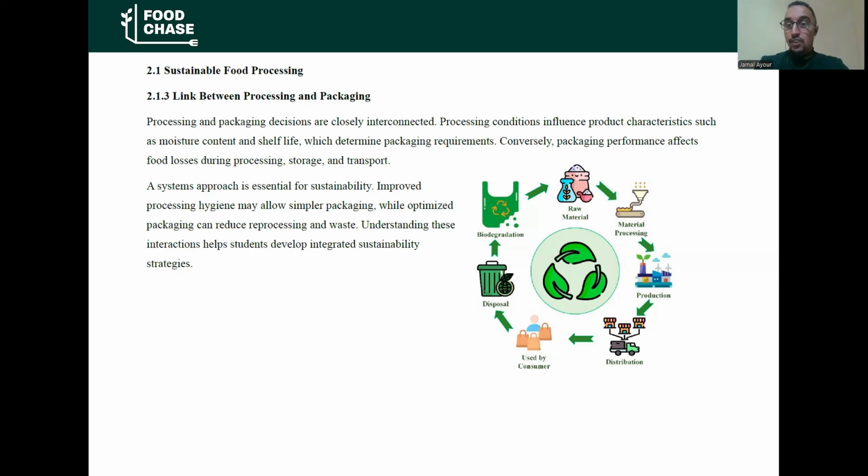Process conditions influence product characteristics such as moisture content and shelf life, and sensory and nutritional quality of the product. So the choice of the packaging and the choice of the process reveal a principal question for agri-food systems.